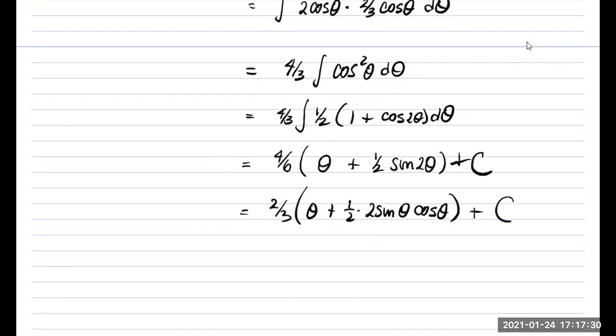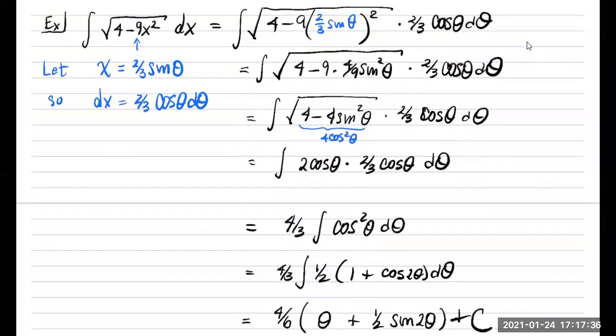All right, now we have to return back to the x's. So that's where we use our little red right triangle. Let me go back up here. And to label it, gang, I'm going to direct you back to our original substitution, this one right here.